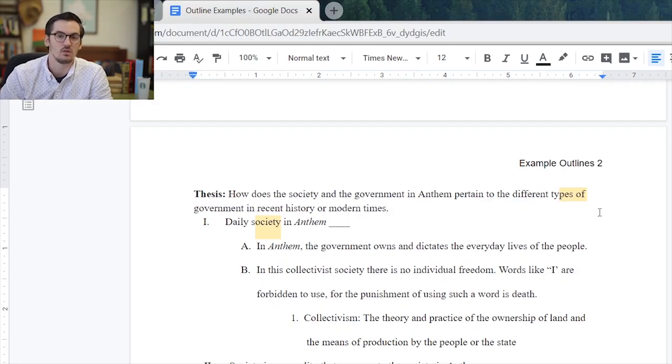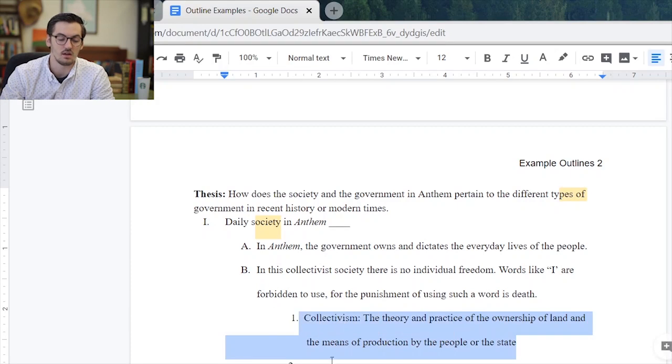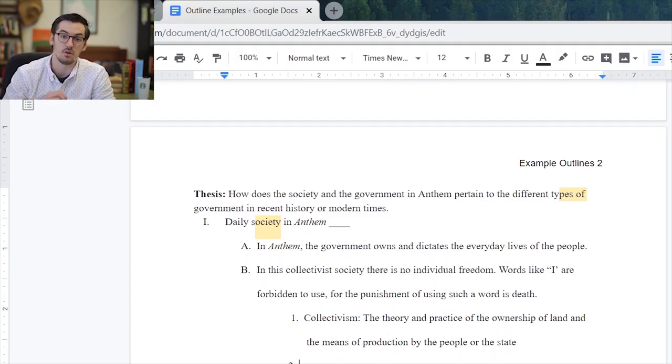The only thing that I would change is that the 3rd tier point needs to either have a second 3rd tier down here, or it needs to be incorporated into the B. So if you can't think of a second 3rd tier point, then you shouldn't have any 3rd tier point.